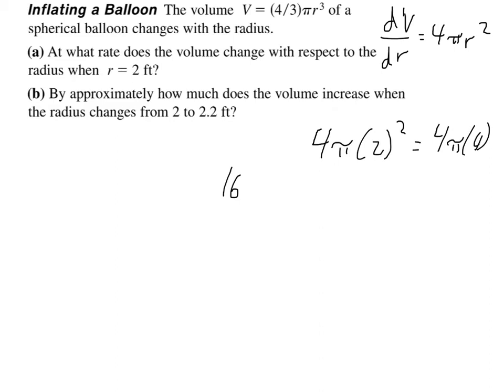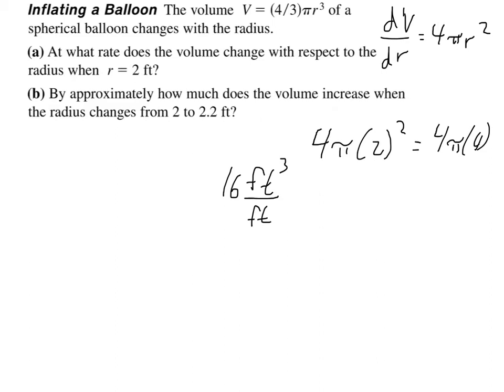We're talking about volume. So this would be, one way of saying it, since it's volume, feet cubed per foot, because you're saying how does the volume change with respect to itself.